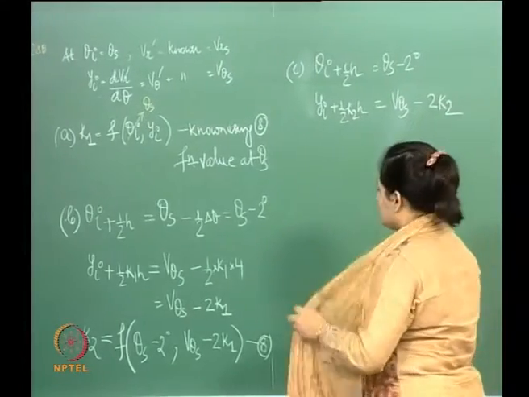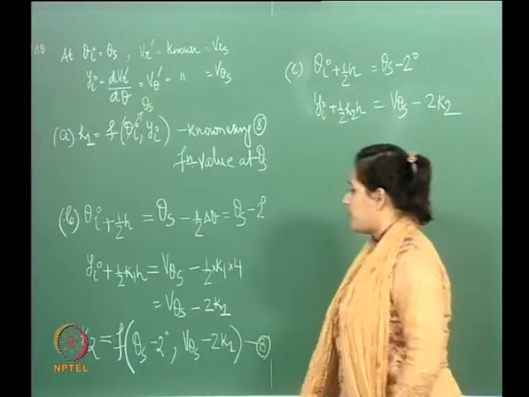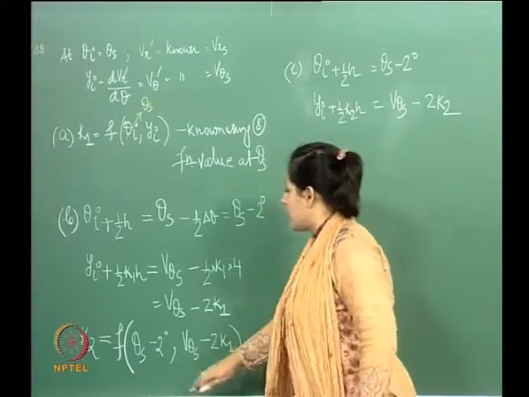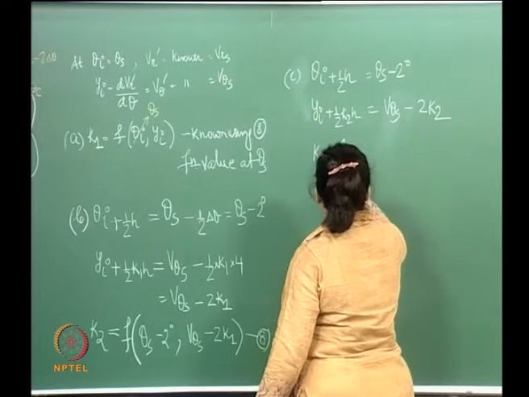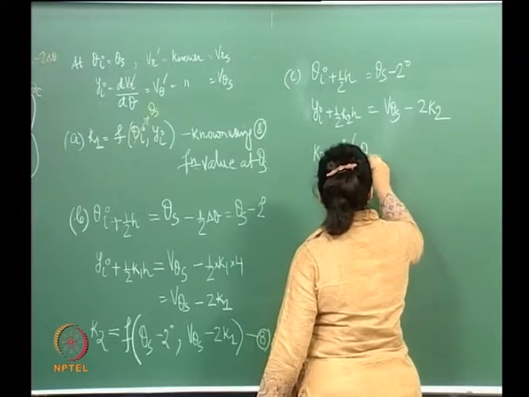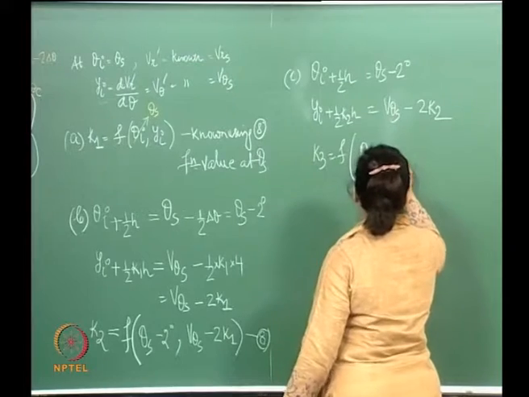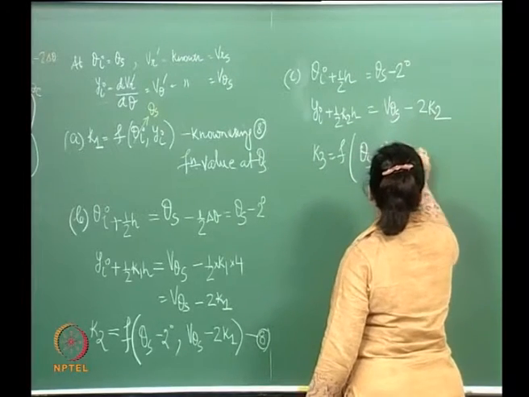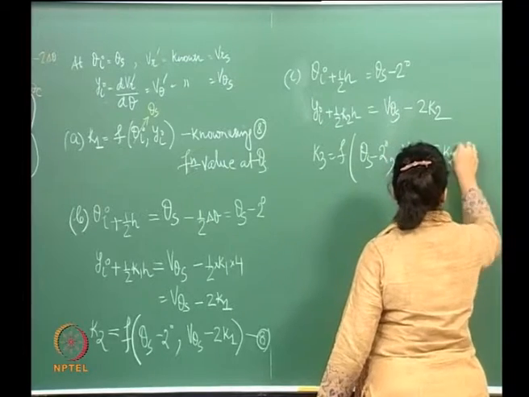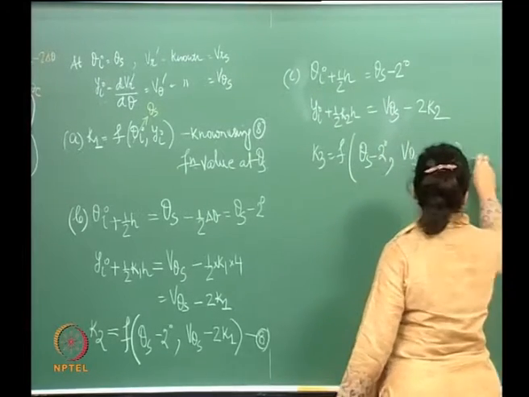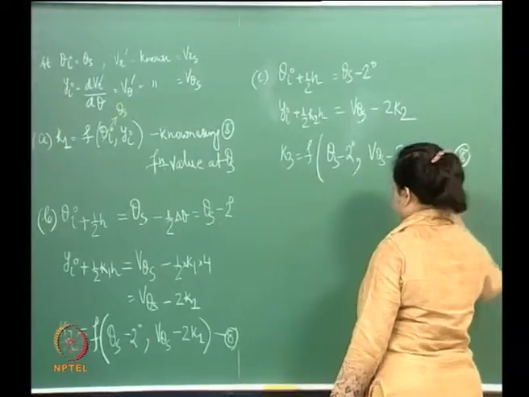Now, k 2 is known from the previous calculation out here. So, therefore, k 3 is the function value at theta s minus 2 and, again using equation 8.